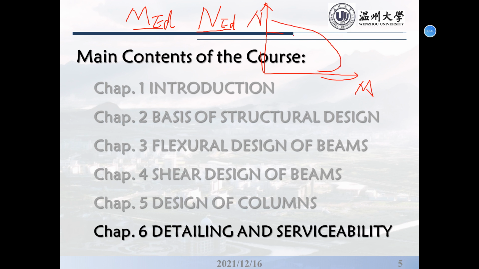Here I introduced this chart for us to get the reinforcement area. It relates to certain values, and from these equations we can get As, exactly the area we want.